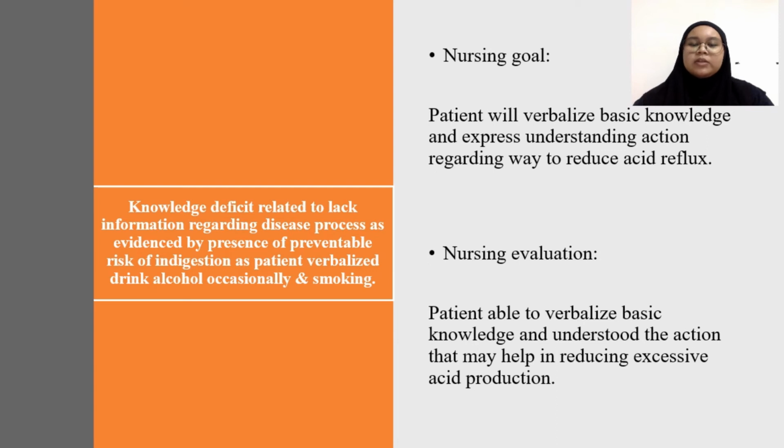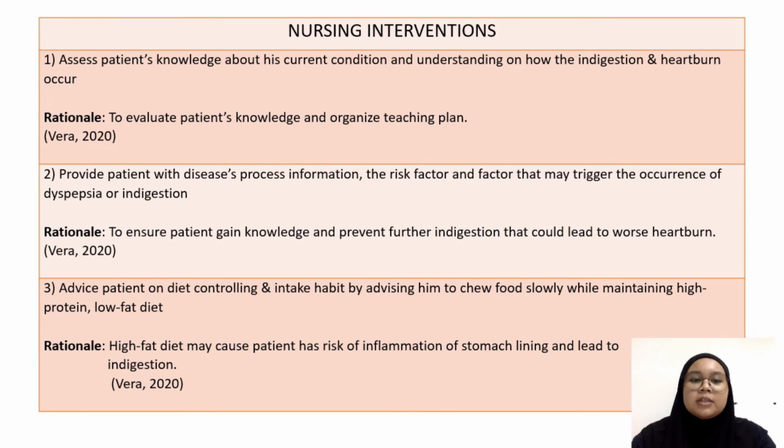The nursing evaluation after the nursing interventions are implemented is that the patient is able to verbalize basic knowledge and understands the actions that may help in reducing the excessive acid production. These are the nursing interventions for the second nursing diagnosis.